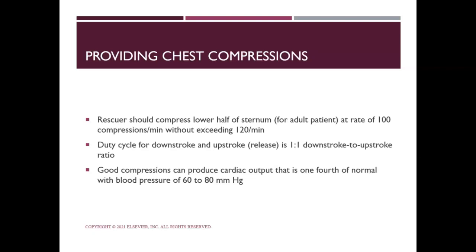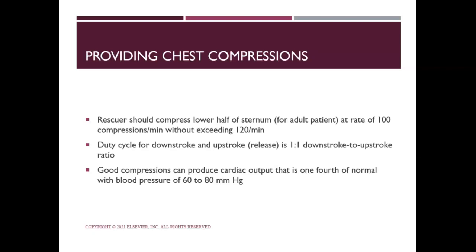So again, providing those chest compressions, you want to compress on the lower half of the sternum for an adult patient. Typically, most injuries that happen during CPR are going to occur because of poor hand placement during chest compressions. But I do not want you to be so concerned with hand placement or chest compressions that it prevents you from actually doing compressions.